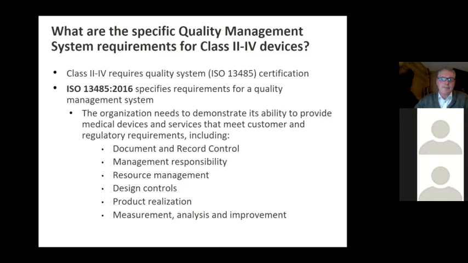Product manufacturing must follow good manufacturing practices, or GMP regulations. And then you ensure that there are measurement, analysis, and improvement systems within your manufacturing and commercialization processes.